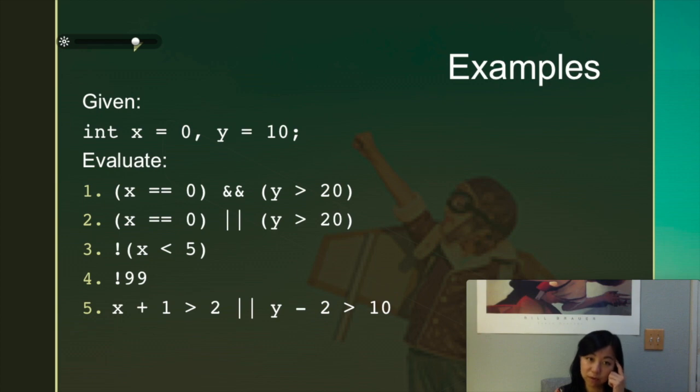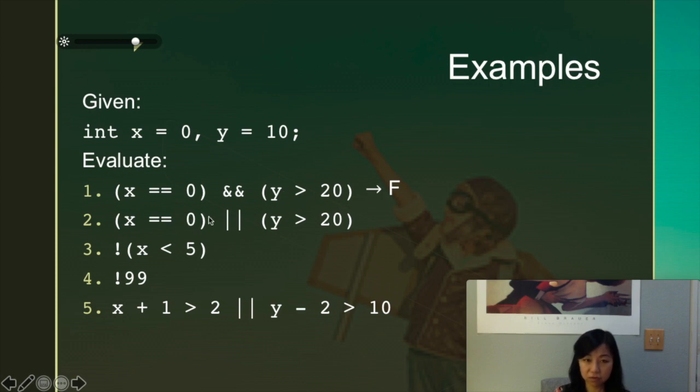What will the first expression evaluate to? X equals 0, so statement 1 will be true. And statement 2 will be false, because y is 10, which is smaller than 20. So true and false equals false.